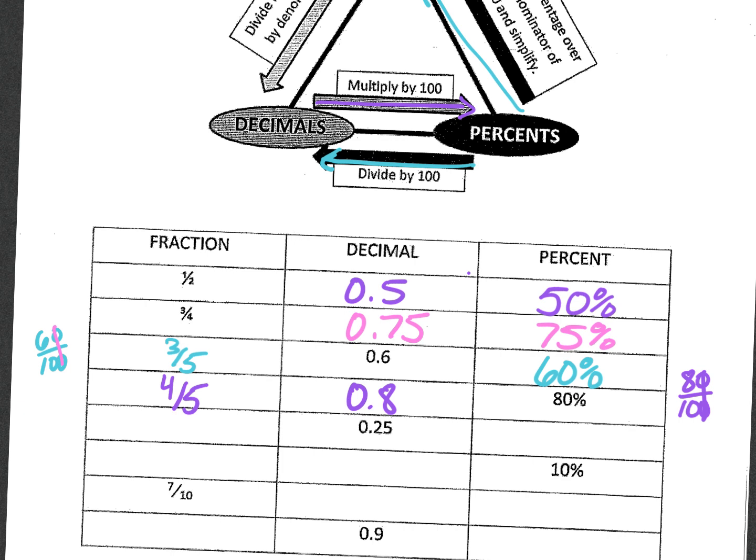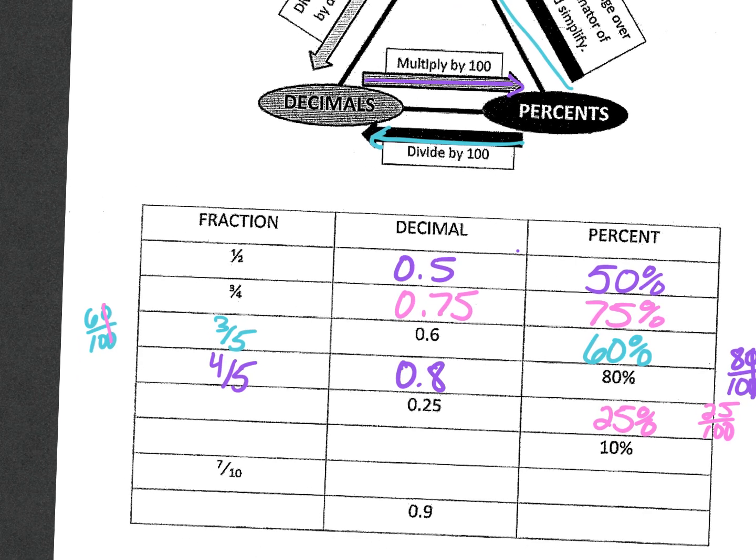Percents will be what's new. 0.25 is 25%. You multiply by 100. Then to get to a fraction, you're really going from a percent to a fraction, and a percent to a fraction is actually 25/100.